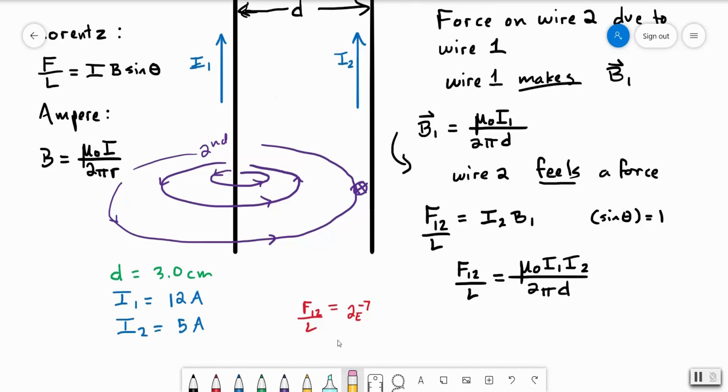I think I'm going to leave out the units for now, times our 12 amps times 5 amps, and that's divided by our distance of 0.03 meters, right? Because we're all in SI units here. And that is going to be equal to 4 times 10 to the negative 4 newtons for every meter of wire that you have encountering this magnetic field.